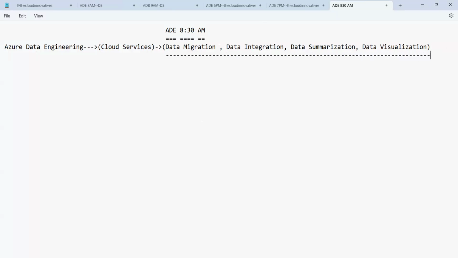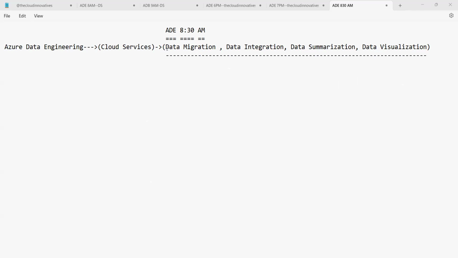Am I audible, guys, everyone? Yes. So now, first of all, when we talk about data migration, what is a data migration?